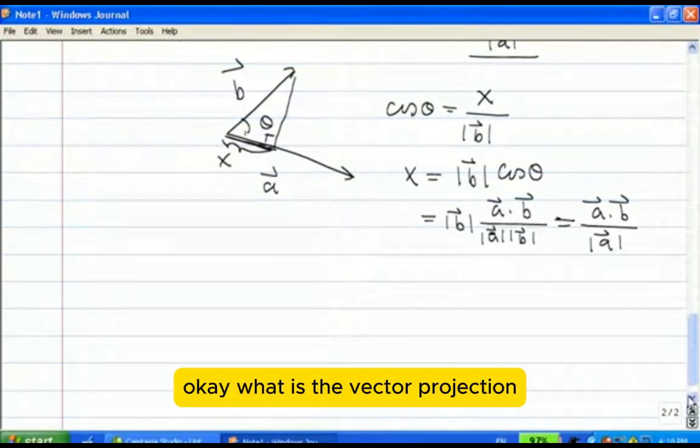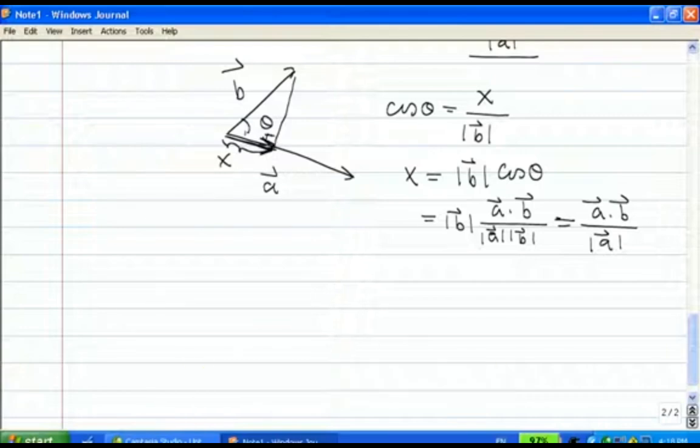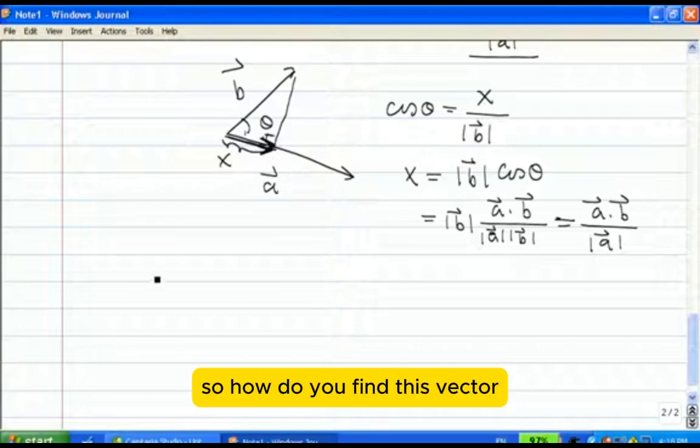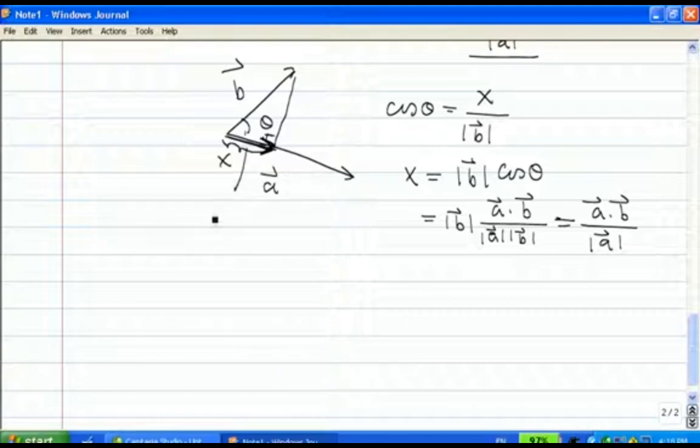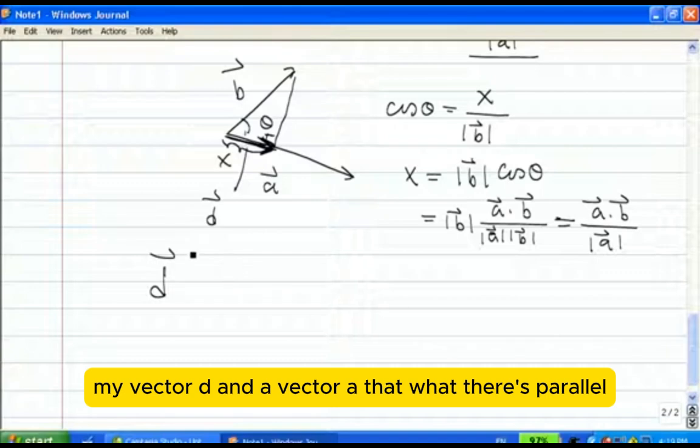What is the vector projection? The vector projection gives you this vector. How do you find this vector? I call this vector d. First of all, my vector d and the vector a are parallel, right?